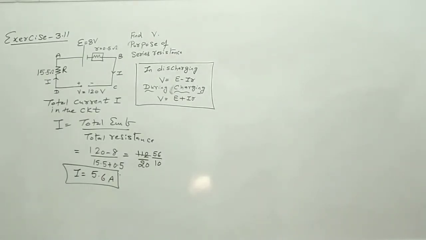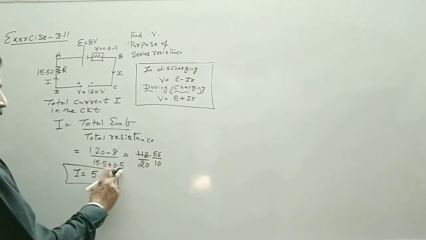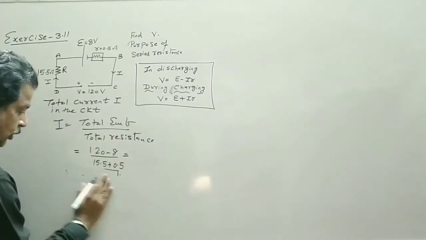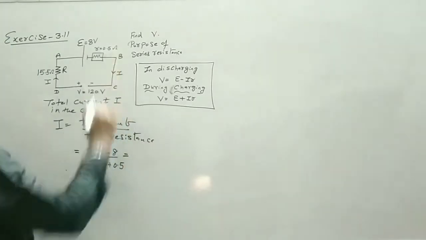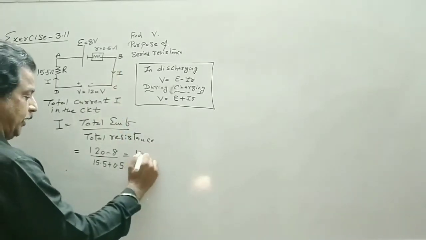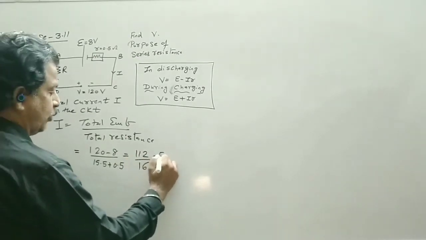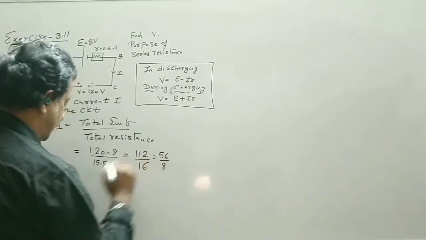Now in this situation, 15.5 plus 0.5, sorry, the total is 16, not 20, it is 0.5 not 5. So it is 112 divided by 16, that is equal to 56 divided by 8, that is equal to 7.